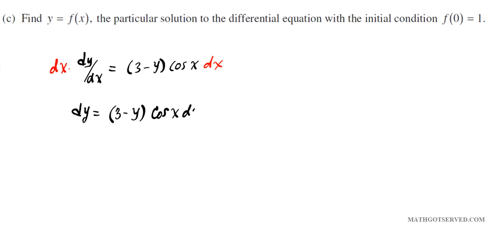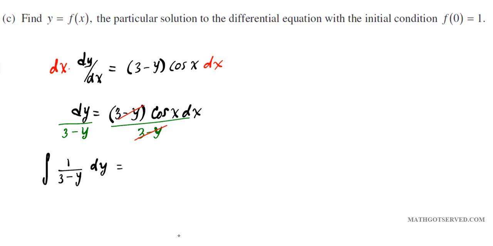Now, we need this quantity 3 minus y grouped together, moved to the left side so we can have our variables separated. So we simply divide both sides of our equation by 3 minus y. On the left side, I'm going to rewrite this as an integral of 1 over 3 minus y dy equals, on the right side, 3 minus y and 3 minus y divide out.